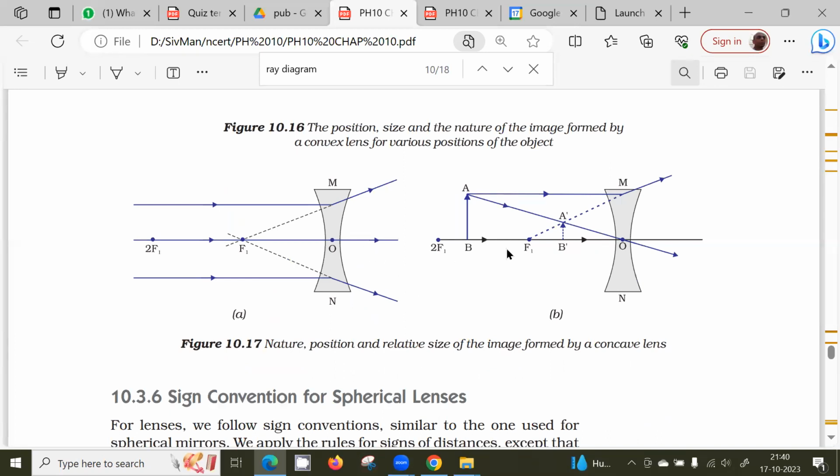Ray diagram is not difficult. For example, this one is between the focus and the center of curvature. Here it is concave, right? So a parallel beam gets diverged. If you project it backwards, it meets at the focus. The second one is the one passing through the pole. It goes straight.